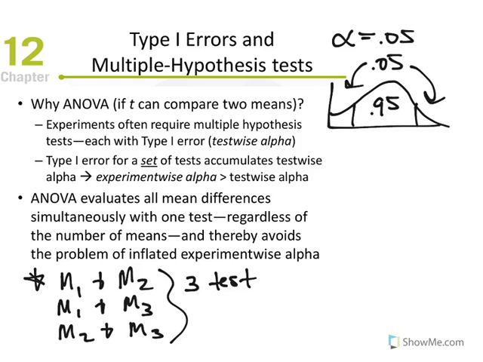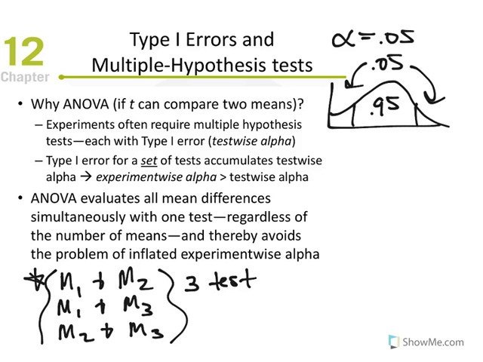However, if we perform that test 3 times over, comparing the mean differences between what we illustrated here, we would have to conduct 3 different tests. And as a result, the alpha level would be affected by that, and consequently the potential of committing a type 1 error would be inflated.